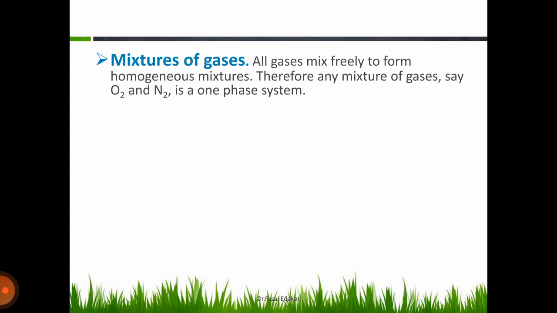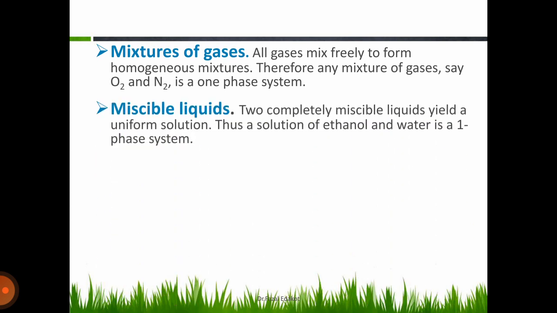One gas will not be occupying the corner of the container and the other gas the middle part, nothing like that. Each gas is distributed uniformly throughout. So all gases mix freely to form homogeneous mixtures. Therefore, any mixture of gases, say oxygen and nitrogen, is a one phase system, because of the homogeneity.